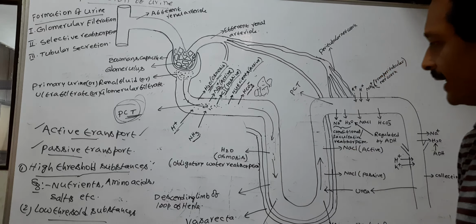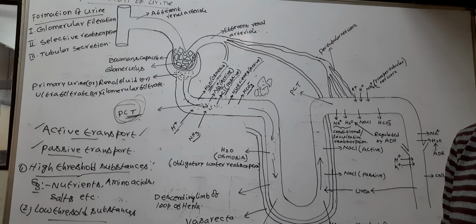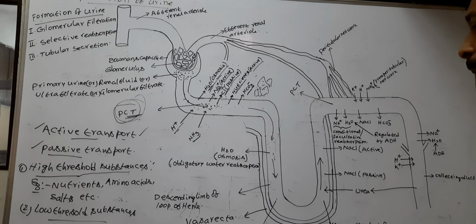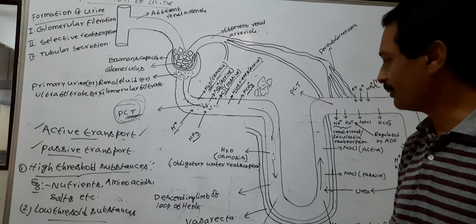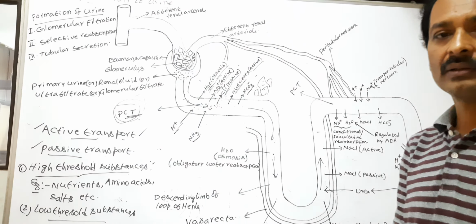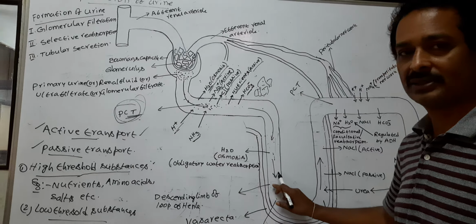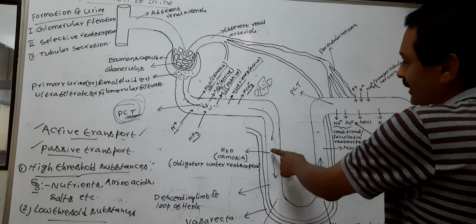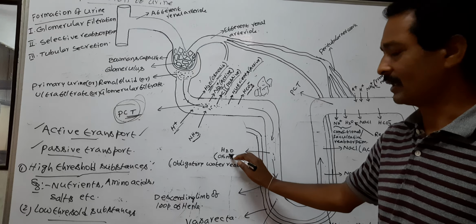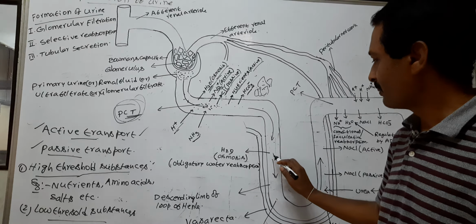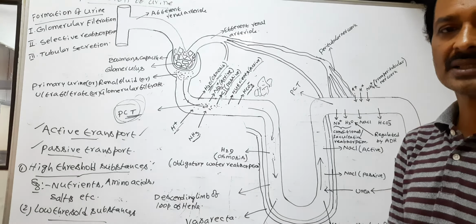Here, the descending limb of the loop of Henle is permeable to water and impermeable to ions. So the wall of the descending limb reabsorbs water from primary urine into medullary interstitial fluid.